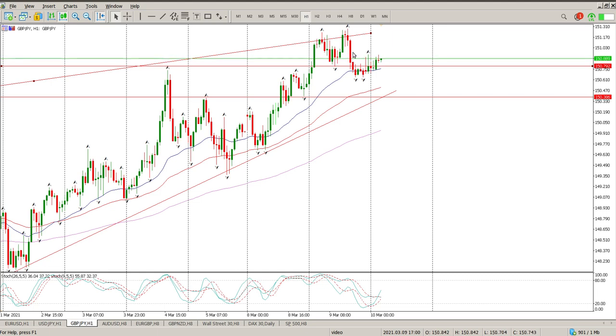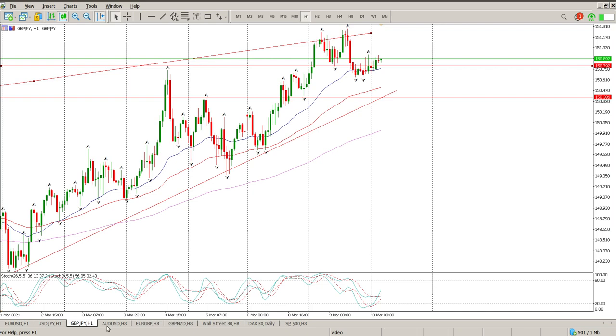So if we do get to the downside, I think this is the level we're looking at, and that would be the bottom of the bottom trend line, or it would also be this breakout retest here, 153.86. So if we do move to the downside, that's kind of the move I'm looking for, more than likely the double top target as well, and that would be an area for me to get long again.